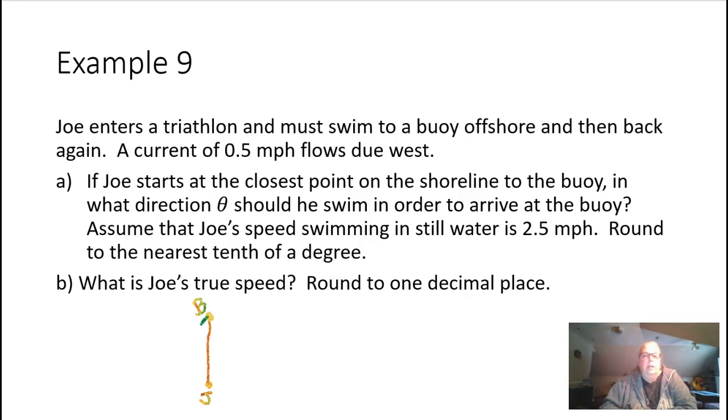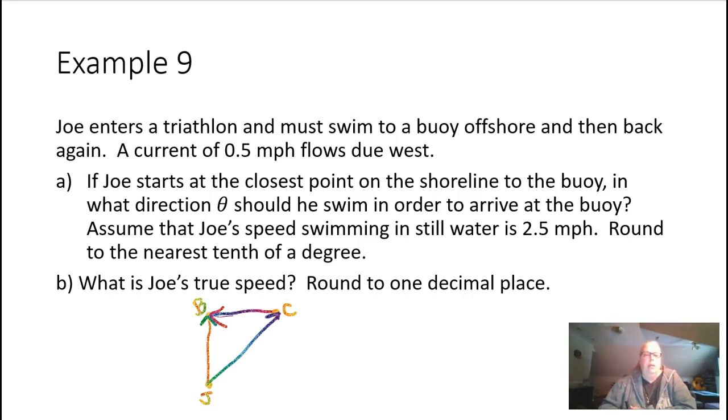However, there is in fact a current, and the current is flowing due west, which means it's going that way. And so in order to get to the buoy, Joe's actually going to have to swim in this direction, because eventually the current is going to be pulling him this way until it looks like he has swum directly out to the buoy. So he's going to be swimming against the current.